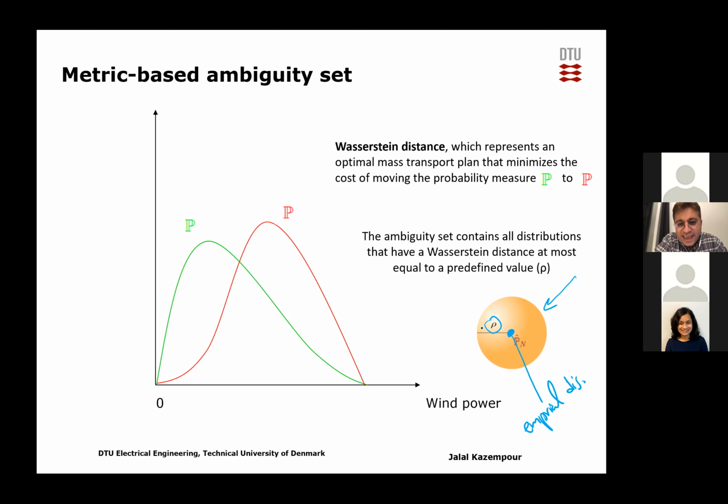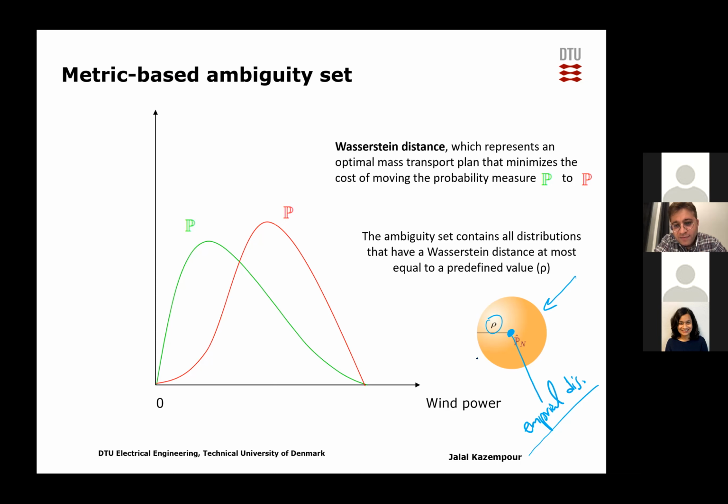We say that any distribution whose distance to the empirical distribution is lower than or equal to rho should be included in my ambiguity set. So rho is the maximum distance that a distribution within the ambiguity set can take from the empirical distribution. Is it clear?